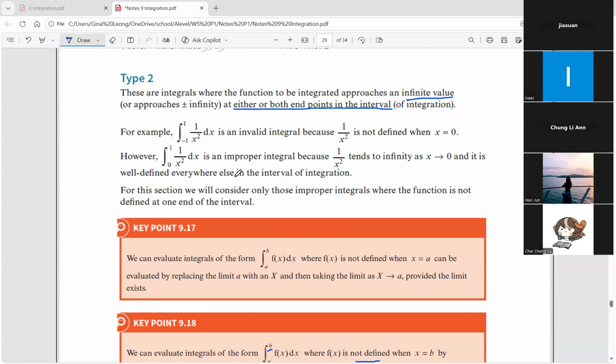It's different from just now: type 1 always has the infinite limit, but type 2 does not. Usually there is a value over there, a point, and this point can be any point, for example 1, -1, or 0. Usually the problem is at 0. At 1 or -1, why is that an invalid integral? Because when you replace the value inside, you cannot get a value.